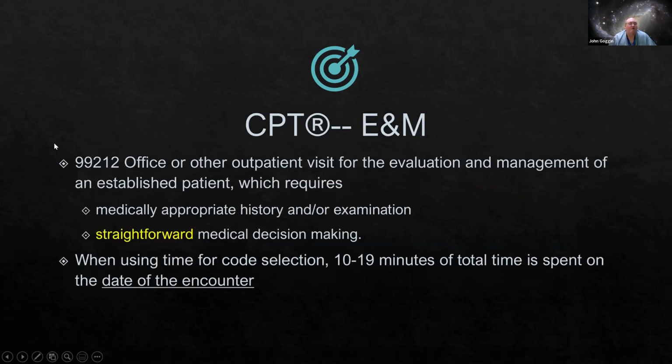Level 2 office visit, this is your basic kind of entry level follow-up visit for evaluation and management of the patient with a problem that requires straightforward medical decision making, basically a 10 to 20 minute encounter. And again, just like the level 3 new patient, it requires a low level of medical decision making in 20 to 29 minutes.